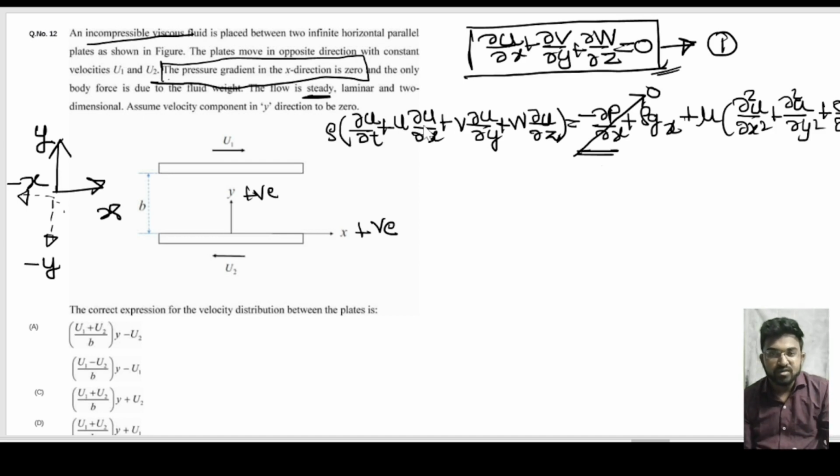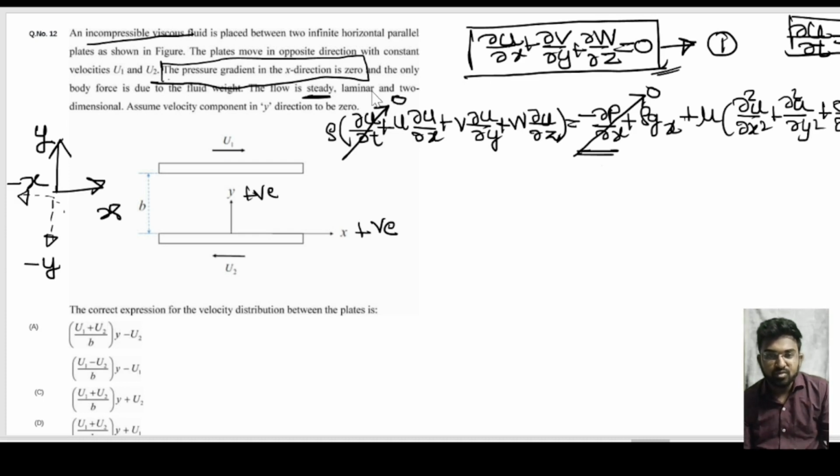Each and every time it is mentioned that the flow is steady, du by dt, the change in velocity with respect to time, will be 0. This is the meaning of steady. So we have to cancel this term also.